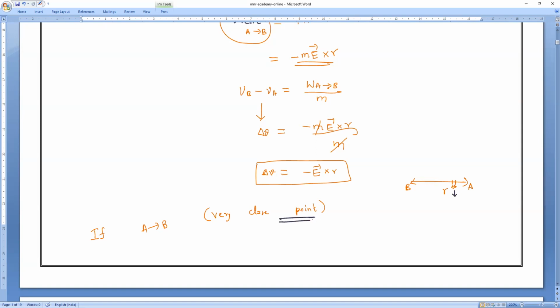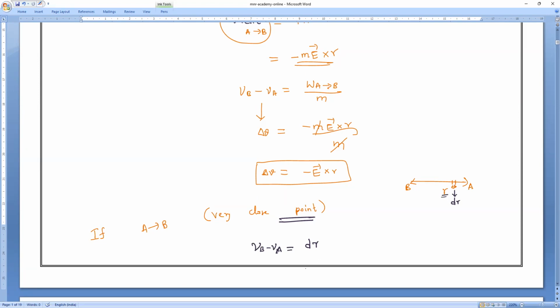If I take a very, very close point, then this R will become what? Everyone? dr. Yes. So the change in potential between final minus initial is equal to dr. Clear, everybody?